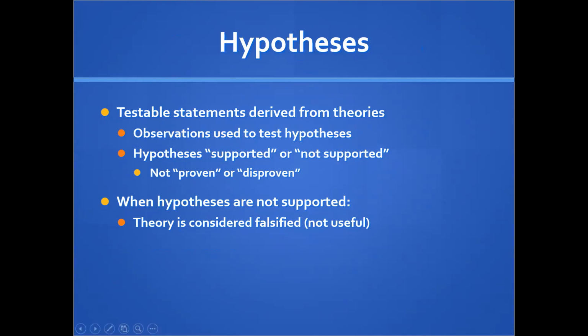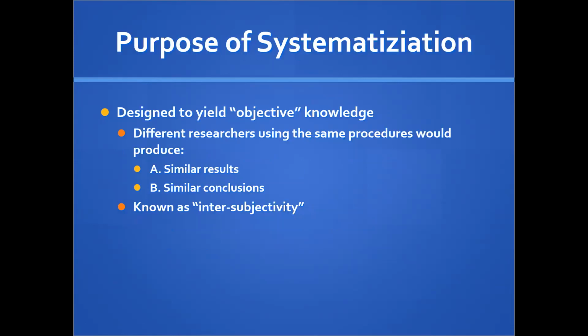So if a certain hypothesis is supported or not supported, it could mean that it could be proven or disproven depending on the context. When hypotheses are not supported, usually that theory is considered falsified or of less use, or maybe not really significant when it is not supported by data.